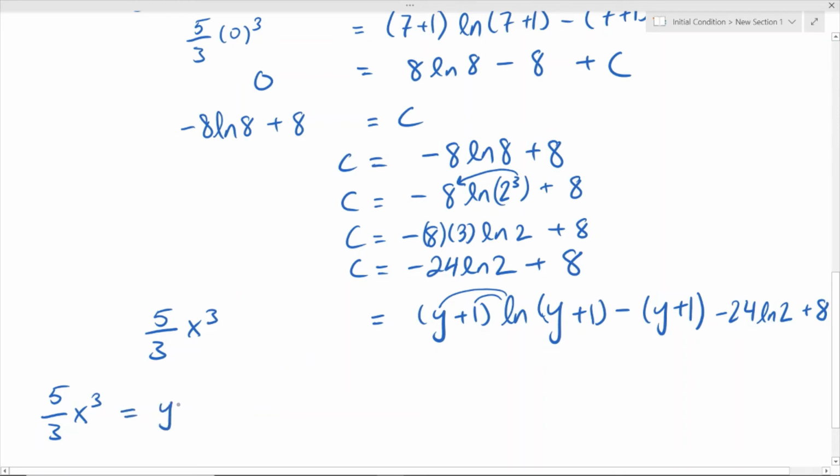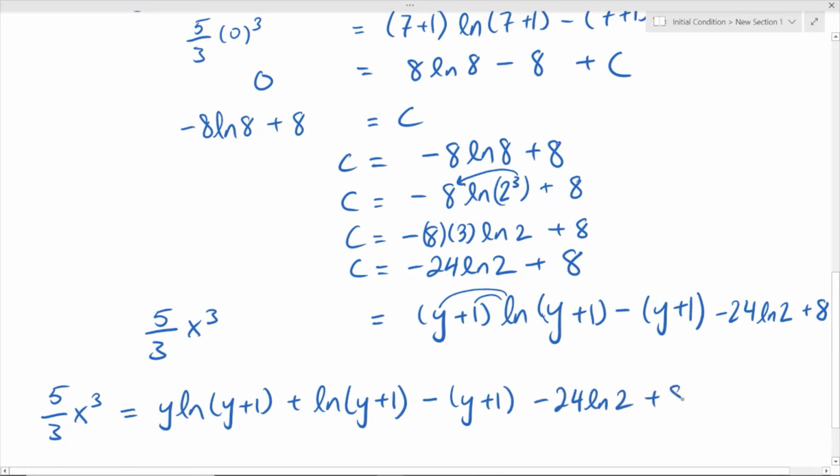So it's going to be y ln y plus 1 times ln y plus 1 is just going to be ln y plus 1 minus y plus 1 and negative 24 ln 2 plus 8.